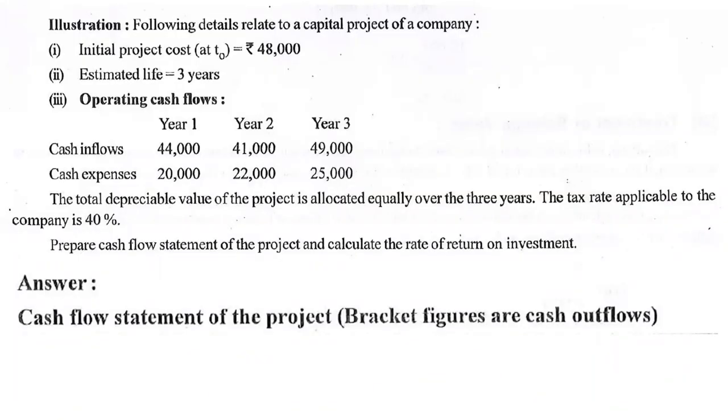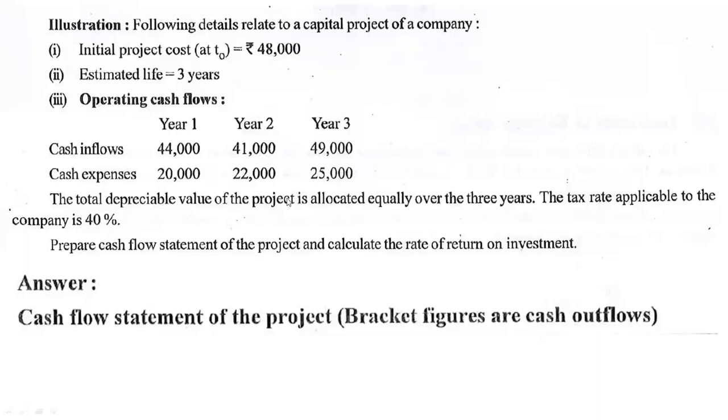This can be studied under this example, where the initial project cost is 48,000, estimated life is 3 years, then cash inflow is 44,000, 41,000, and 49,000 for the first, second, and third year.